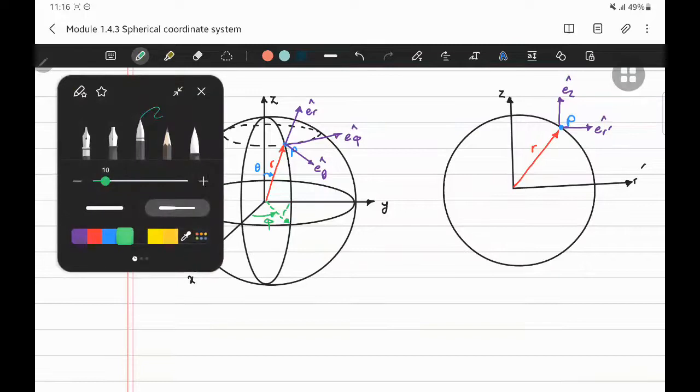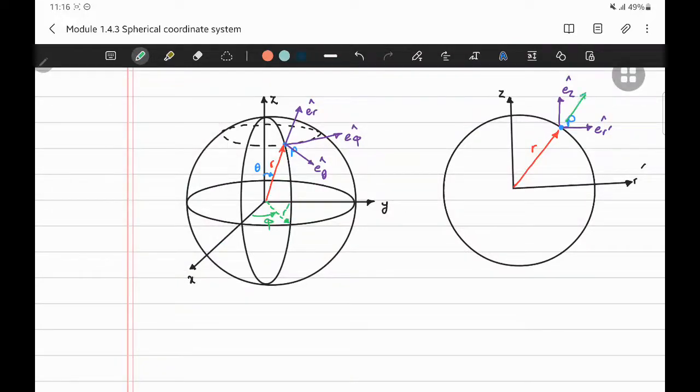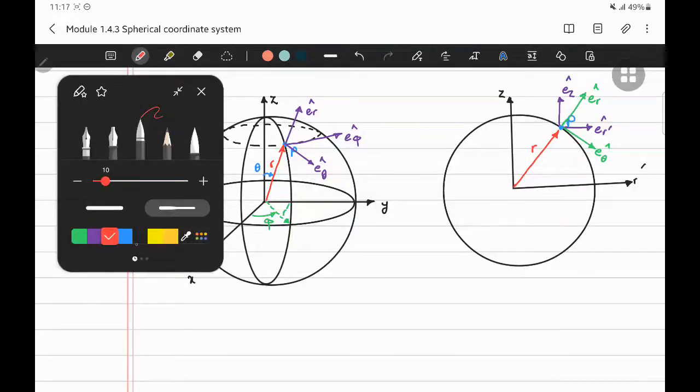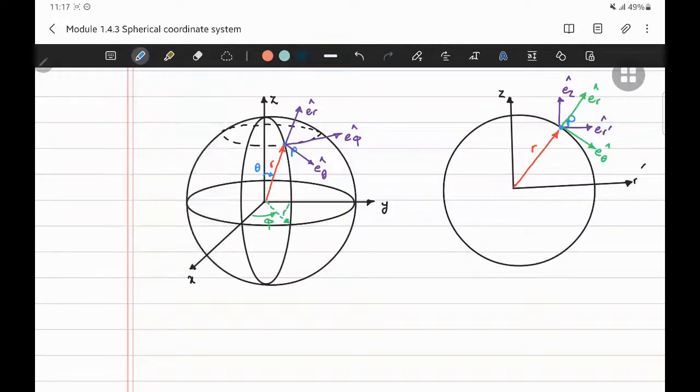And as you know, we have this ER, which is increasing in this direction, and E theta is perpendicular to ER. So we have E theta in this direction. If this is theta in here, this is basically theta, and this is also theta. Perfect.